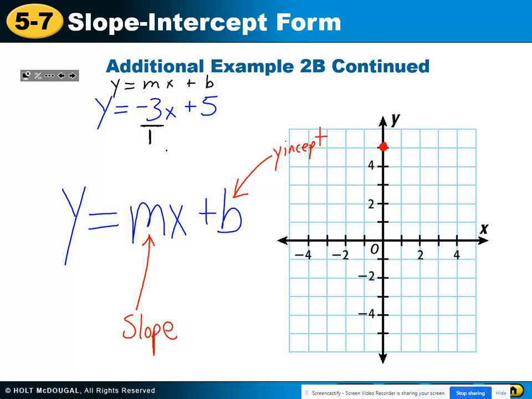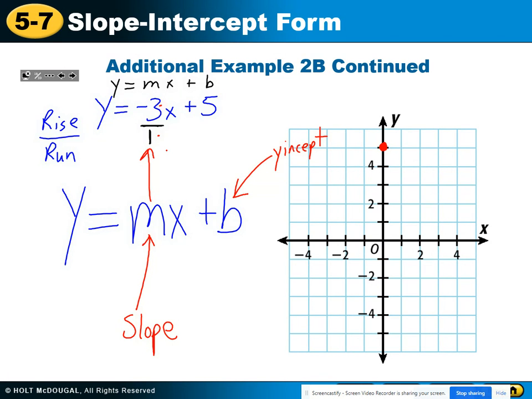We just made it into a fraction, guys. That's all we did. But now what do we have? Now we have rise over run because M is slope, right? We have rise over run.